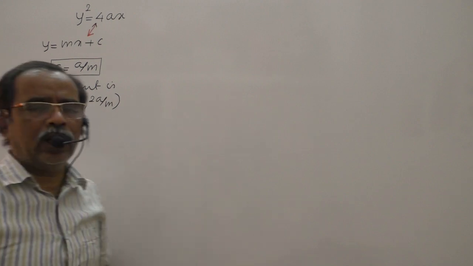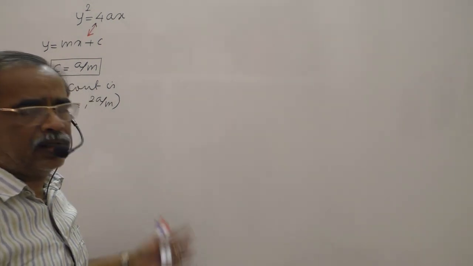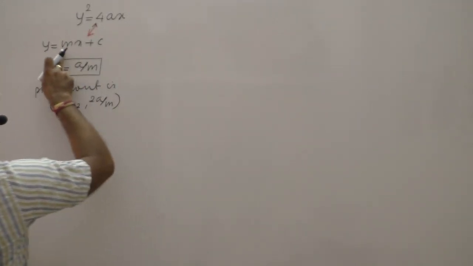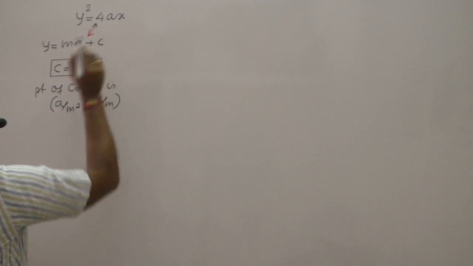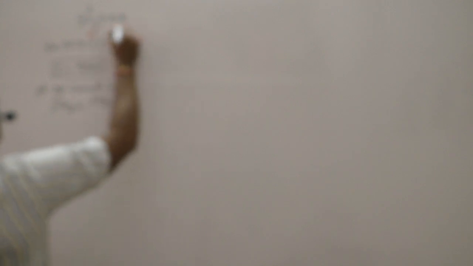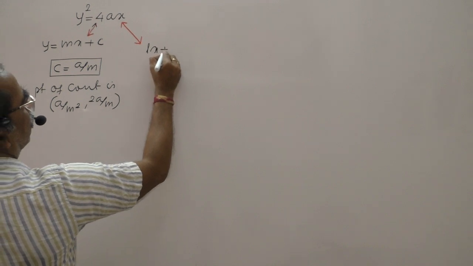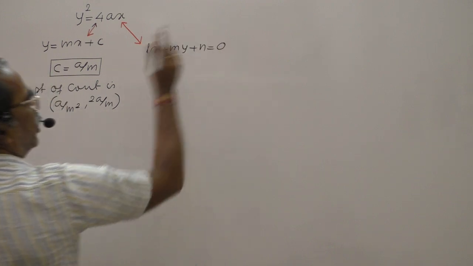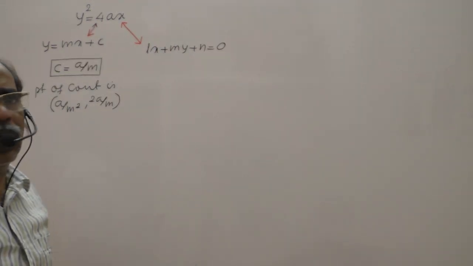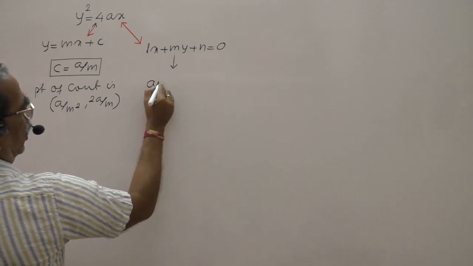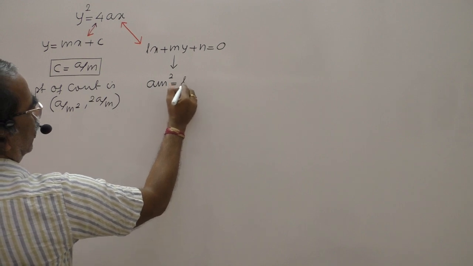The condition is c equal to a by m and the point of contact is a by m square comma 2a by m. Here the line is in y equal to mx plus c form. If the line is given in general form, lx plus my plus n equal to 0, the condition will be am square equal to ln.